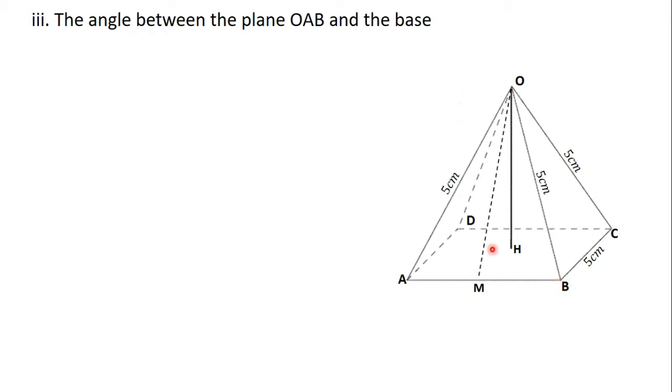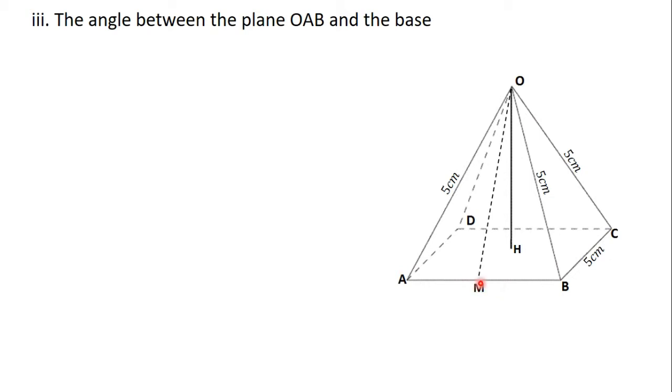So from O to the middle of the line AB. And I'll call the point where that line will meet AB point M. If you draw that line, you will see that there will be an angle created between the line you've drawn and the base of the pyramid. That is the angle the question wants us to find. So we are going to look for the value of that angle.